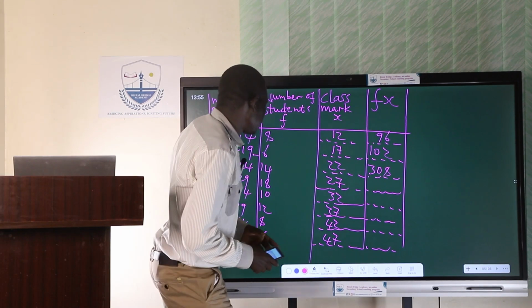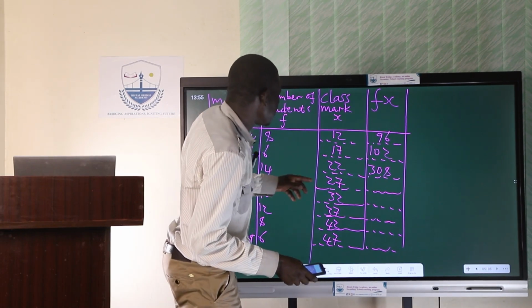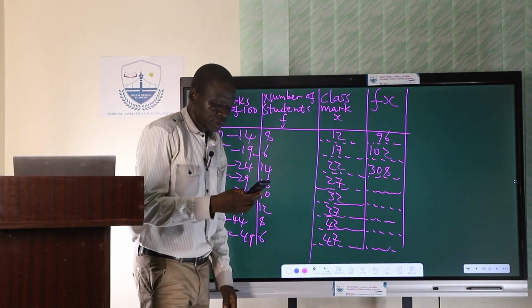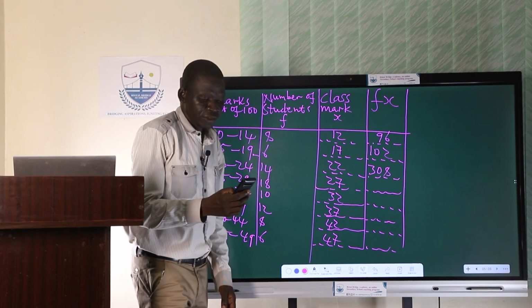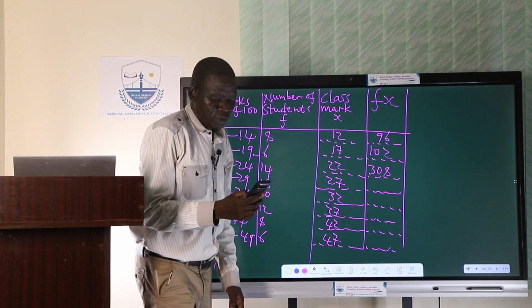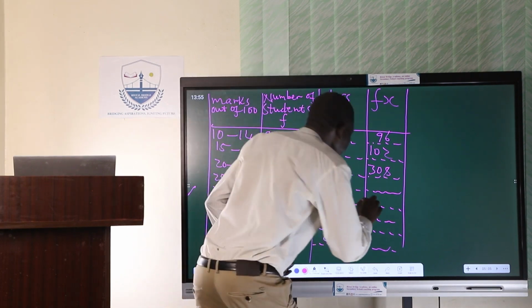Then we come here, 18 times 27, we get 486.